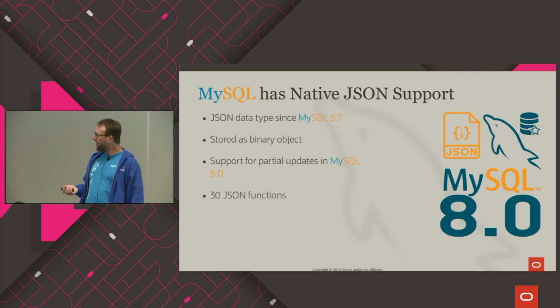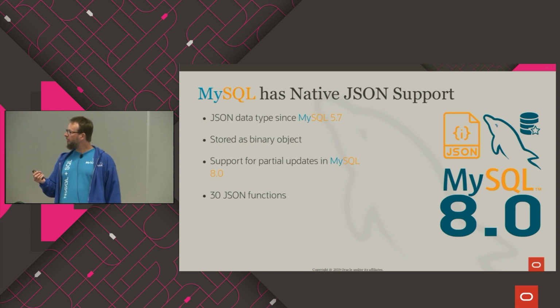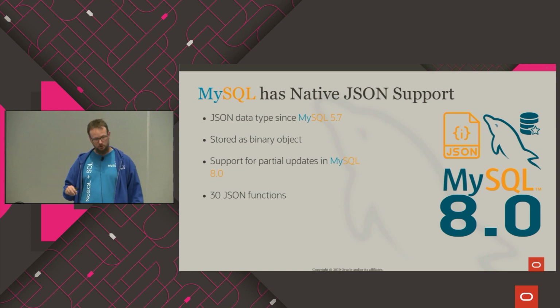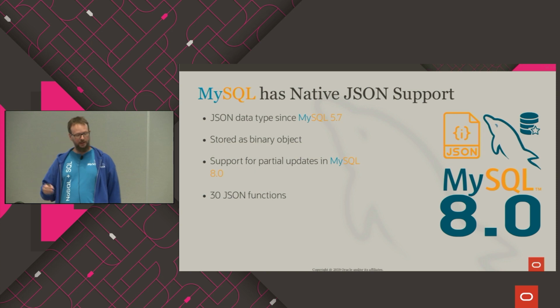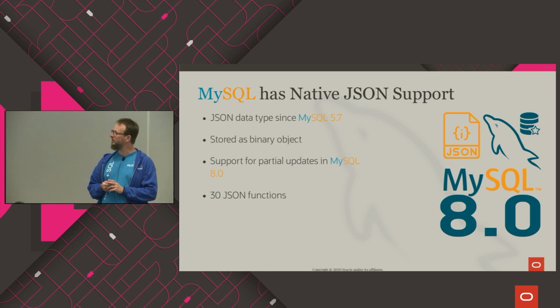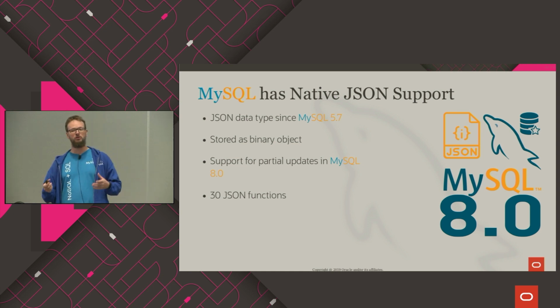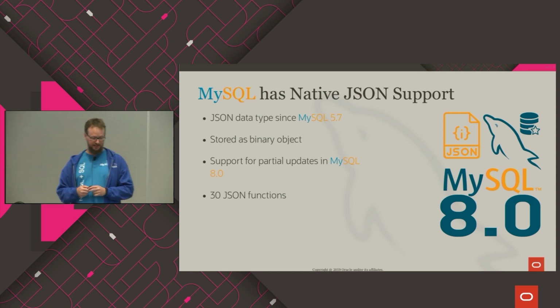We have about 30 JSON functions now, and I will show you some of them. You can do whatever you want on these JSON documents, much easier than if it was a text with the JSON inside of it.